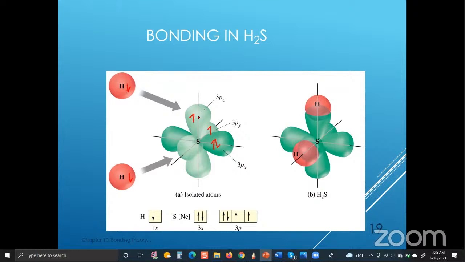So when this overlaps with this, you end up with this region here having the 2 electrons. And the same thing will happen in this region here having the 2 electrons. And this orbital, as I said before, will still have your 2 electrons in that orbital. So therefore, that would be the arrangement and the type of overlap situation that would occur in the case of hydrogen sulfide. Okay, so that's what happens when you have orbital overlap to form a covalent bond.